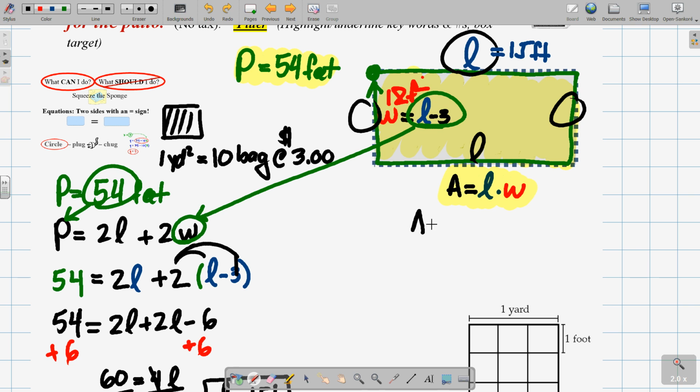Our area equals length 15 times width 12.